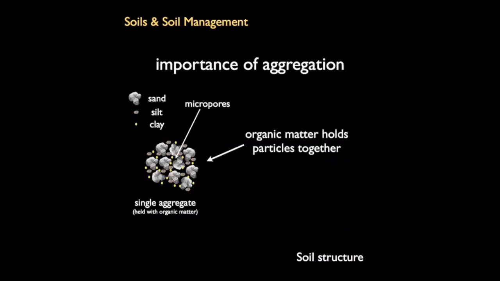Spheroid or granular aggregates are characteristic of properly tilled mineral soils, especially those with high organic content. Organic matter holds particles together and improves the stability of the granules. The small pore spaces within the granules, again, are the micropores.